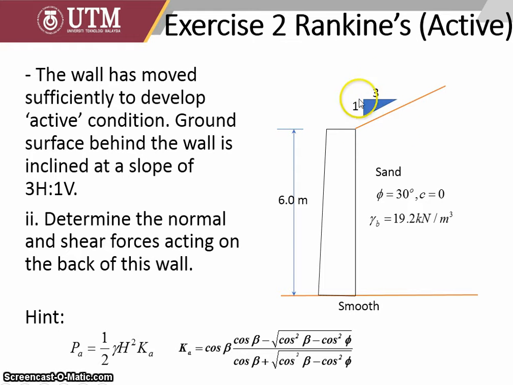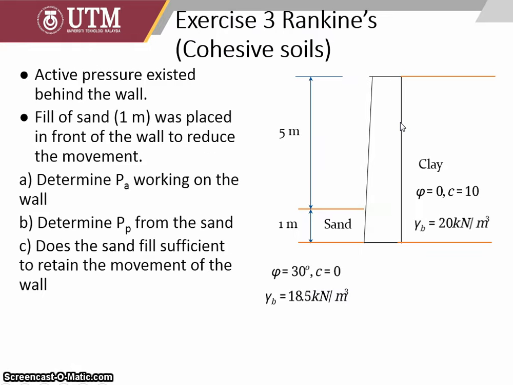You have to define beta first. What is beta? Maybe tangent beta equals 1 over 3. After that, you can substitute beta into the equation, and knowing the internal friction angle, you can get the pressure. It is actually quite straightforward, except that you have to define beta first.